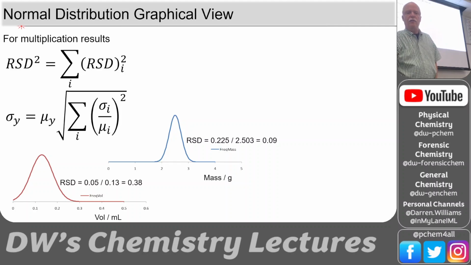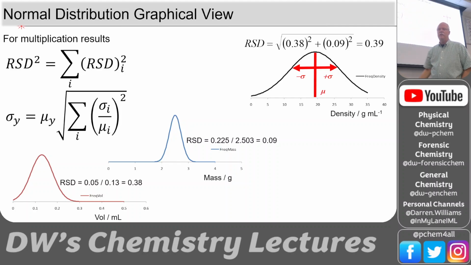And then our result is 19.3 plus or minus 7.6. Okay. So this is telling us that the widest distribution dominates, right? The least certain part of our calculation is destroying our confidence.